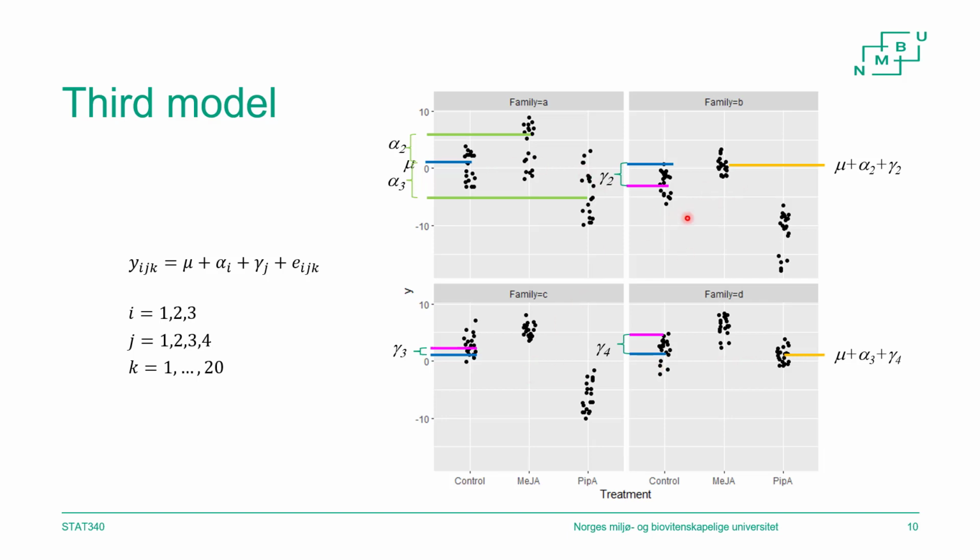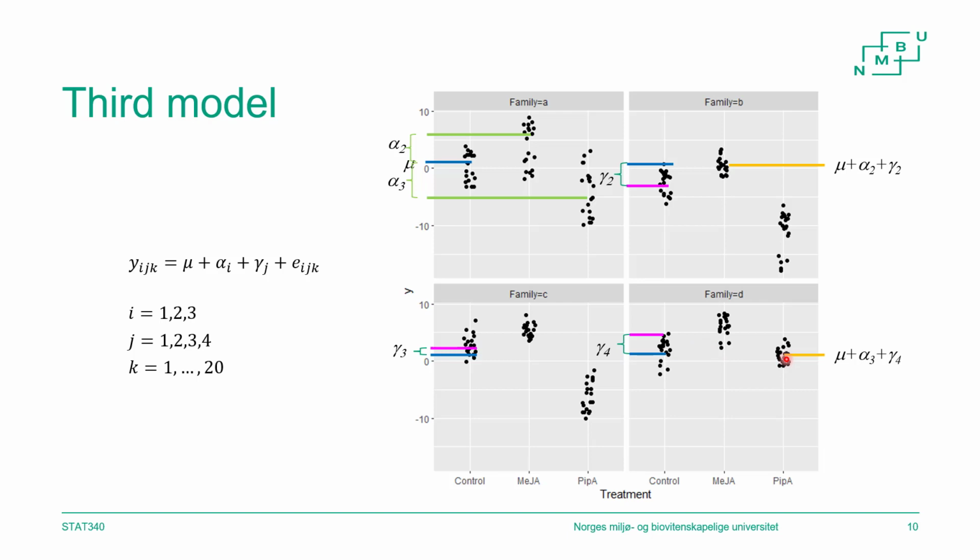It's approximately the same for the first three families, this effect of pip A treatment compared to the reference, but not for the last. It looks like there's something else going on here.